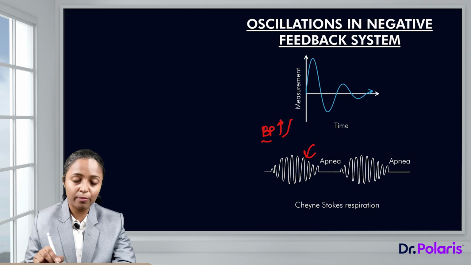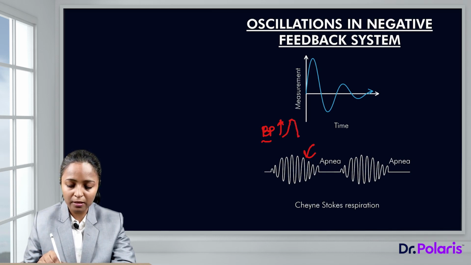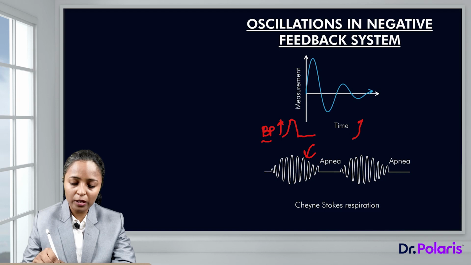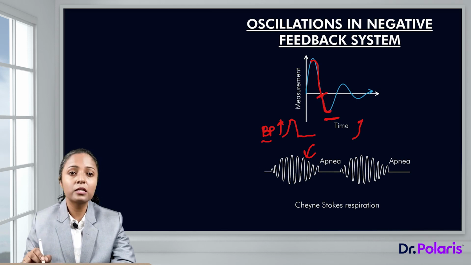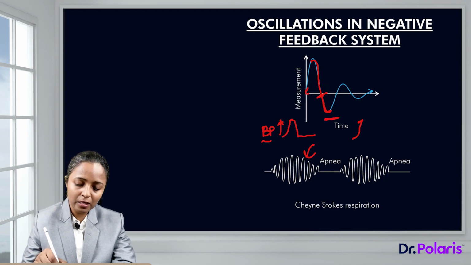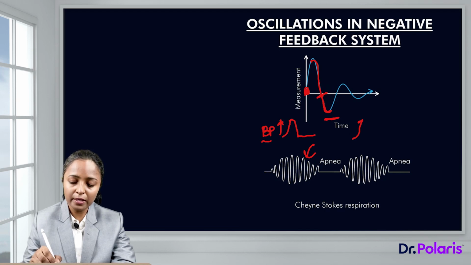Suppose there is a rise in the blood pressure and the control system brings it back to normal like this. It's not like this. What happens is that if there is a change in blood pressure, the control system will try to correct it, and with correction, it actually brings it not towards the baseline, but it actually decreases it more because of the time lag, because probably it has sensed this value, but the value is continuously changing, isn't it?